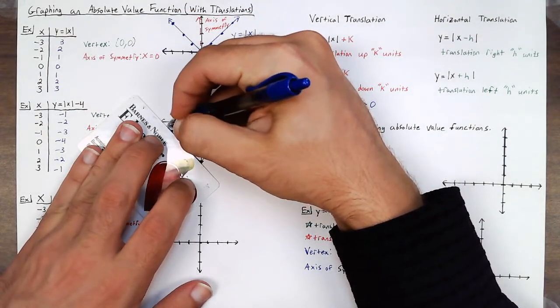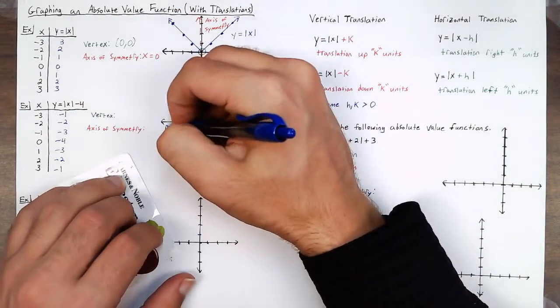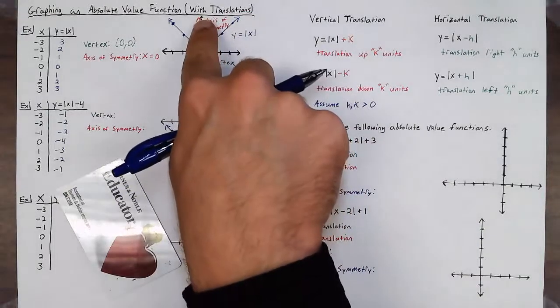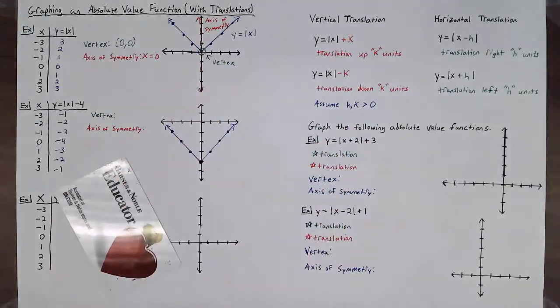Since the only thing I changed from the original equation was subtracting 4, you can see how it's now shifted down 4 units.